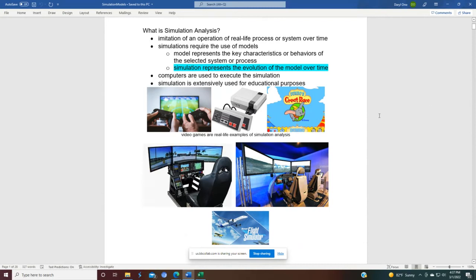You could see down here that I have a couple examples of flight simulators. So you see on this one, single seat, and the three screens are trying to simulate what you see out of the cockpit.